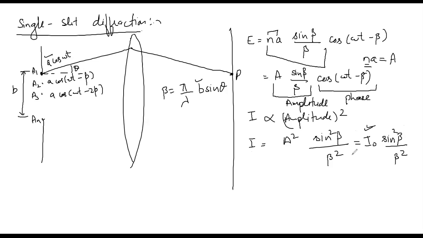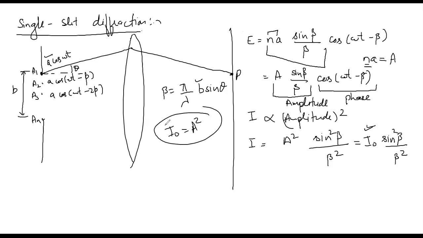Your I would become equal to I naught in that case, which would correspond to your intensity of the central maximum. So here, if I'm writing I naught for A square, that means I naught is basically equal to A square. This is what I'm saying in this case.